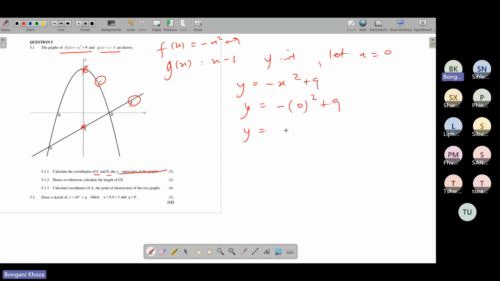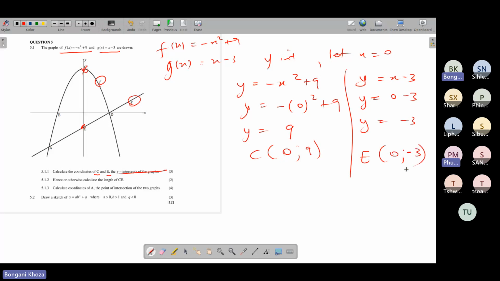So this will just be 9. So that means the coordinate for C will be 0 and 9. The other one is just going to be like this. Wherever you see x, you plug in 0. So it's just going to be negative 3. So that means the coordinate for E is 0 and negative 3.